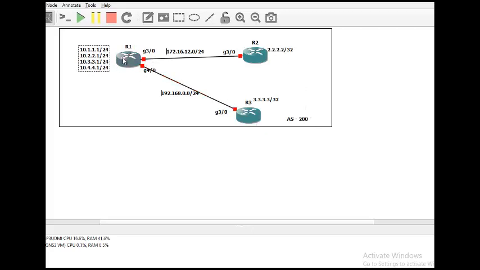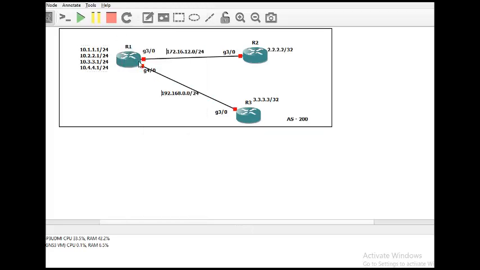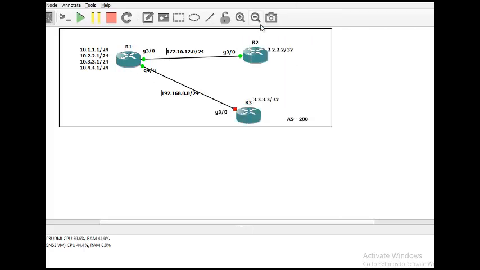R2 and R3. I'm going to remove EIGRP, which is enabled earlier. I'm going to do fresh on all the routers so that you will not have any confusion in understanding.